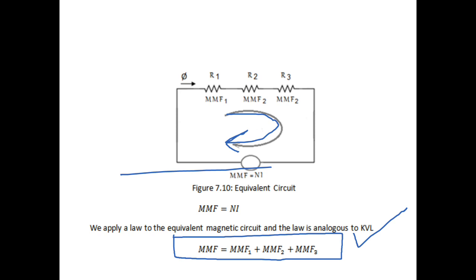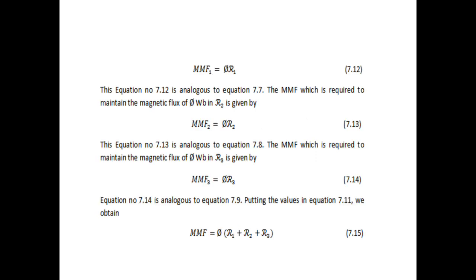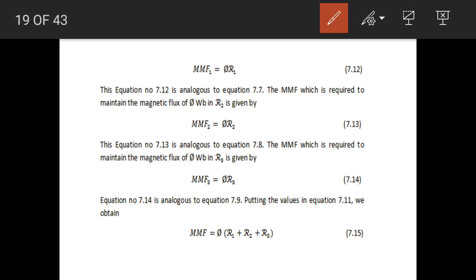Okay, now we know that MMF1 will be equal to phi R1, MMF2 will be equal to phi R2, MMF3 will be equal to phi R3.